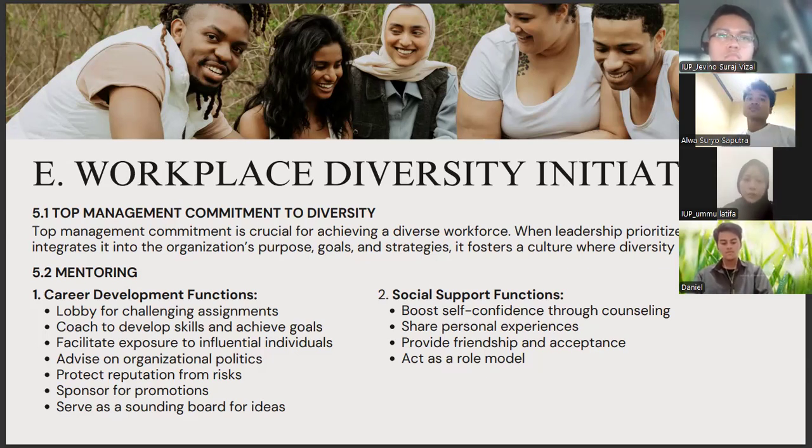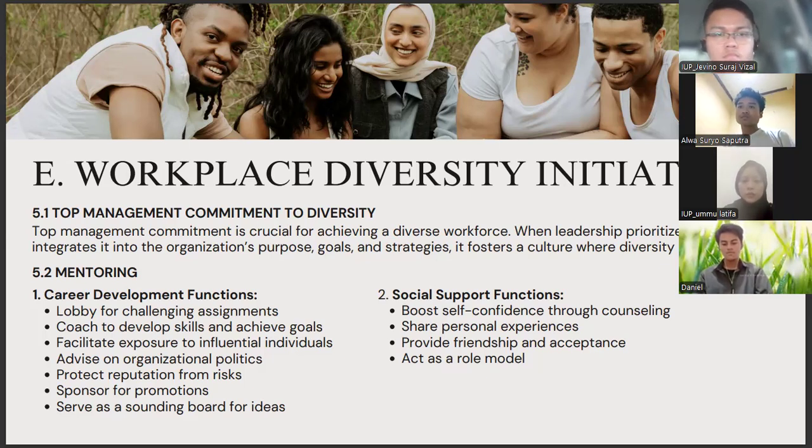And then 5.2, mentoring. Mentoring programs are vital for supporting lower-level women and minority employees, providing them with guidance and advice from experienced mentors. Effective mentoring involves two key functions. Number one is career development function.